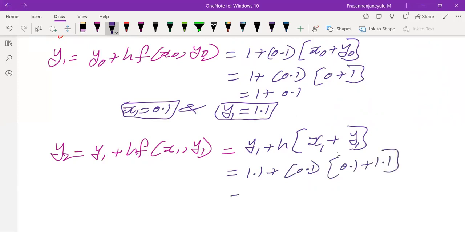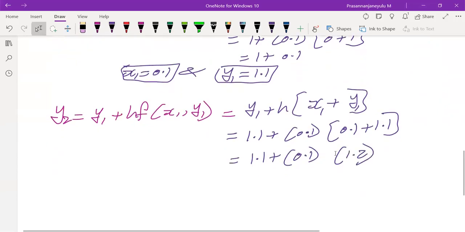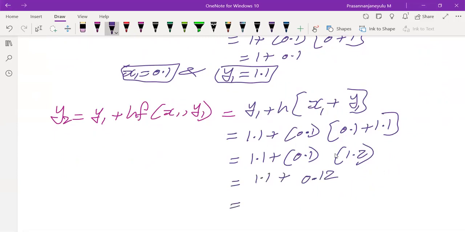So we'll get here 1.1 plus 0.1 into 0.1 plus 1.1 is 1.2. If we multiply 1.2 with 0.1, it becomes 0.12 plus 1.1. So if we add both, we'll get 1.22, which is our y2 value.